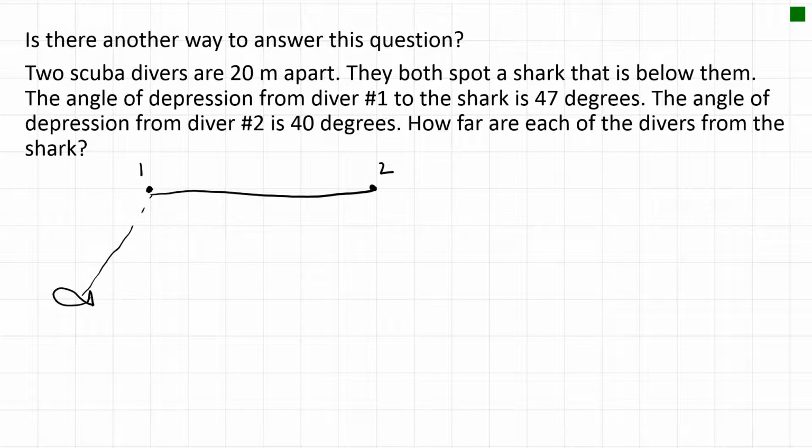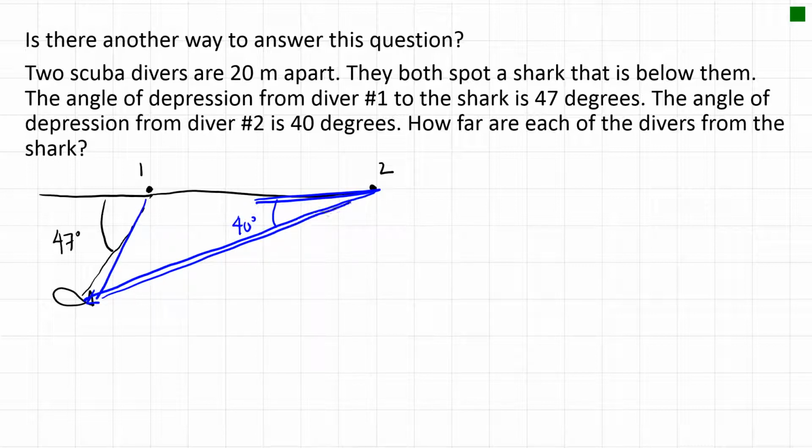Here's diver 1 looking down. Here's the angle of the horizontal, and this would have been the angle of depression, which is 47 degrees. Diver number 2 spots the same shark, and here's the horizontal. The angle of depression is 40 degrees. So this triangle gives a completely different picture of the situation.